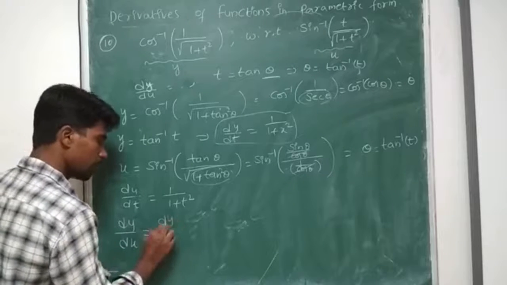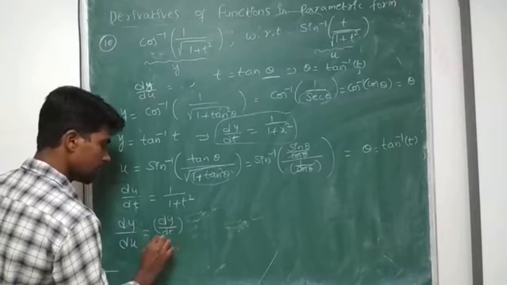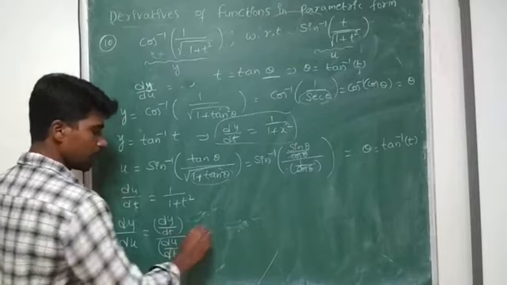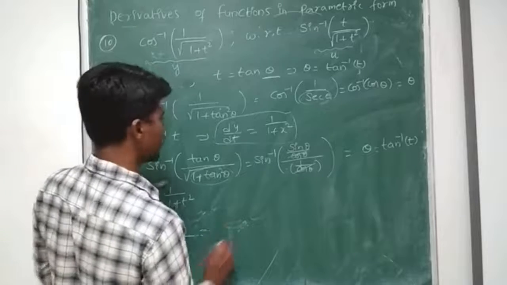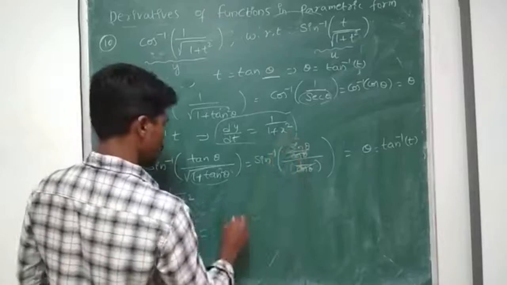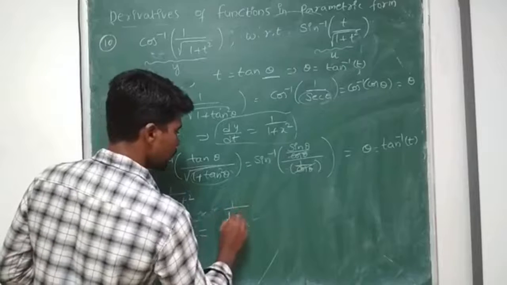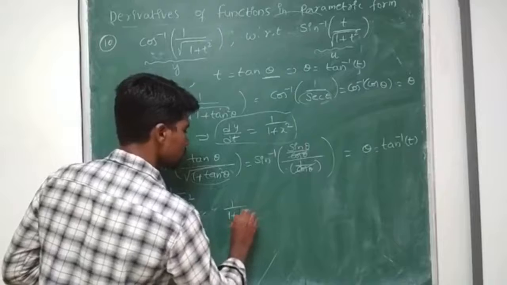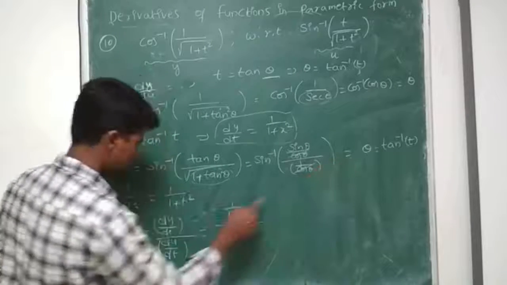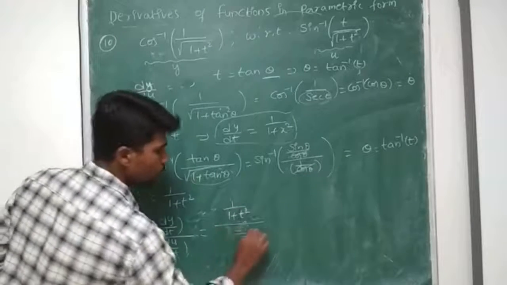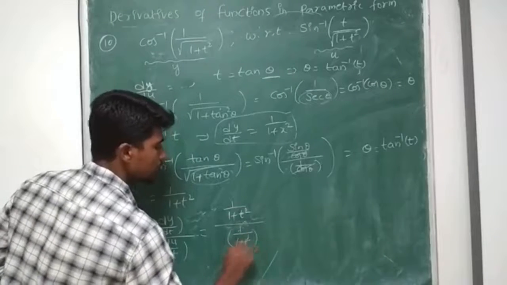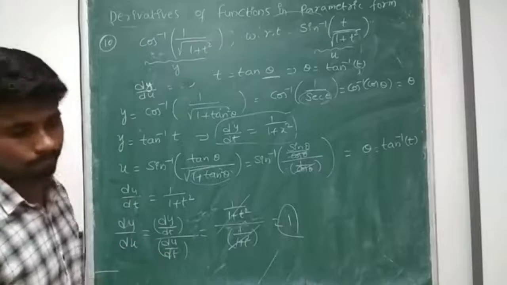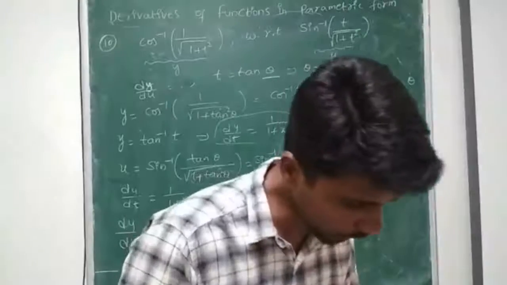So dy by du is equal to dy by dt whole divided by du by dt. dy by dt is equal to 1 by 1 plus t square, divided by du by dt, also 1 by 1 plus t square. Both get cancelled. You got the answer as 1, right?